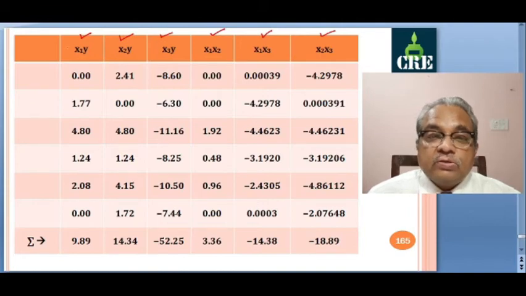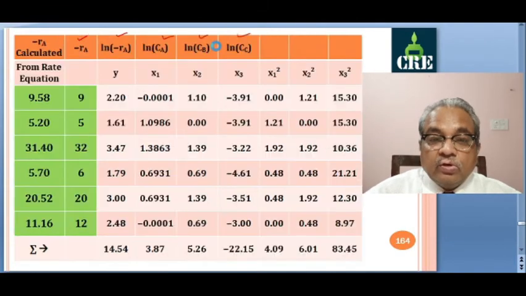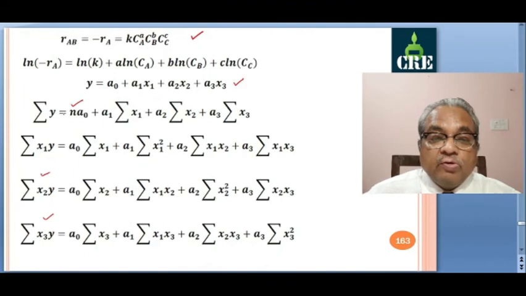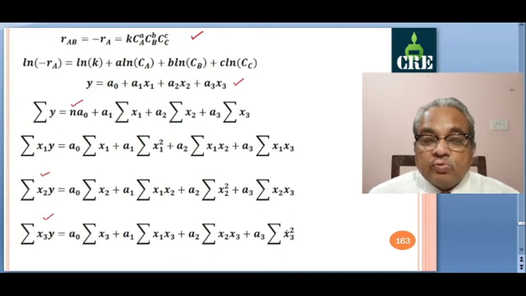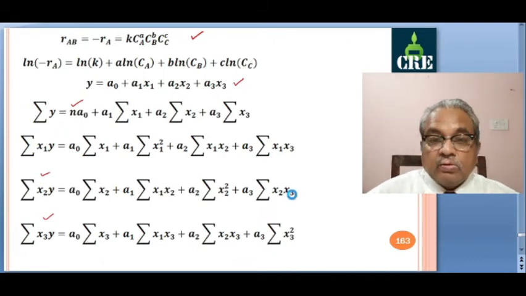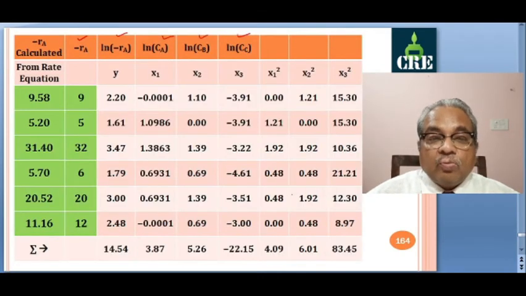So all these terms which appear in these 4 equations, that is sigma y, sigma x1, sigma x2, sigma x3, sigma x1y, x2y, x3y, then sigma x1 square, sigma x2 square, sigma x3 square, sigma x1x2, x1x3, and sigma x2x3, all these have been obtained.